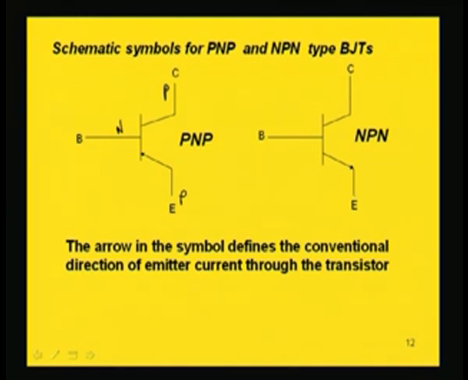So, the negative terminal will be repelling the electrons to move to the base region from the emitter region. The conventional direction of the emitter current will be outwards, away from the transistor, because the conventional direction is opposite to the movement of electrons. This direction is important to know whether you are operating with a PNP or an NPN transistor, and that is known by the arrow mark on the emitter terminal.